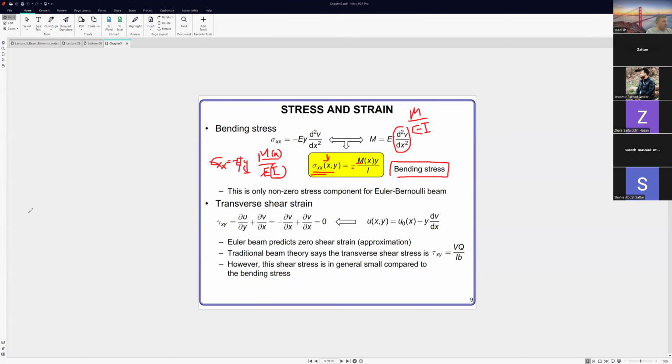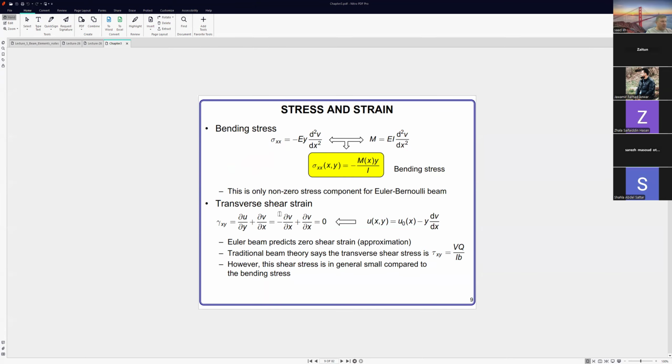Transverse shear strain: gamma xy is equal to del u over del y plus del v over del x. This is equal to minus del v over del x plus del v over del x, and is equal to 0.